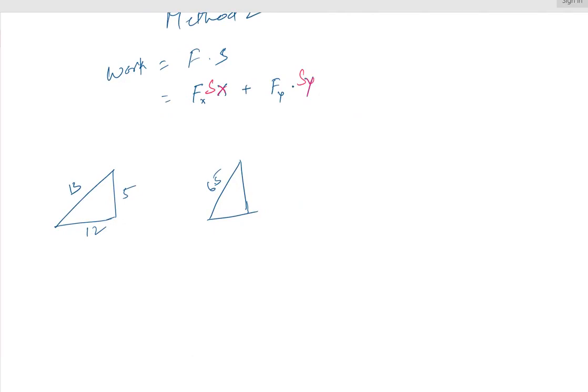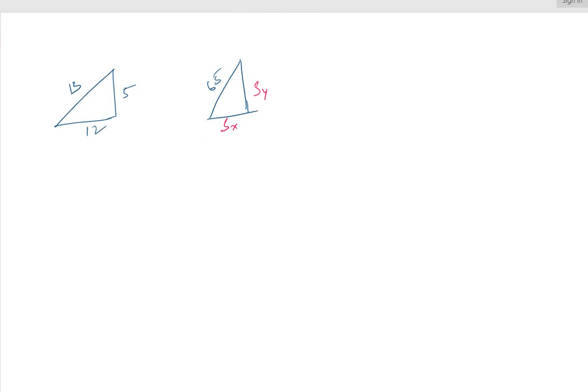So how do we find these Sx and Sy? Well, we have a relationship. We can ratio it out, right? Because it's the same incline. So 6.5 over 13 is equal to Sy over 5, and that's equal to Sx over 12.